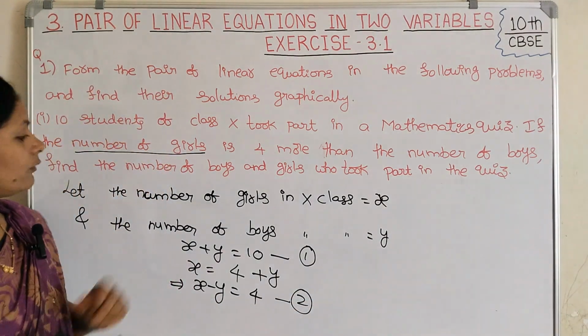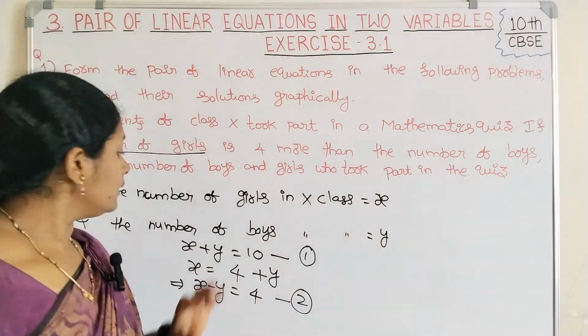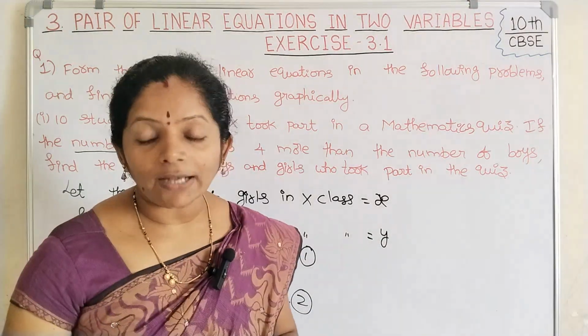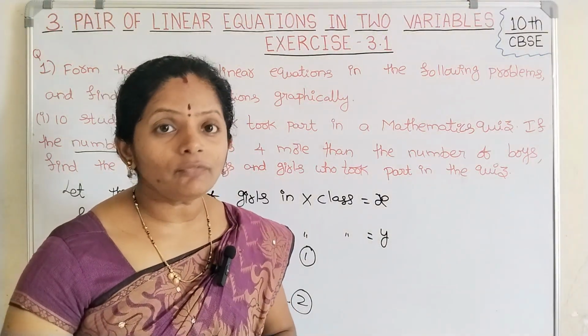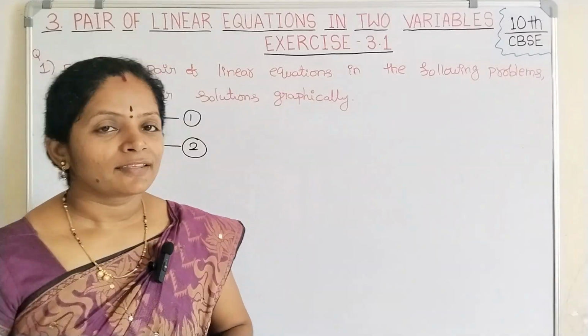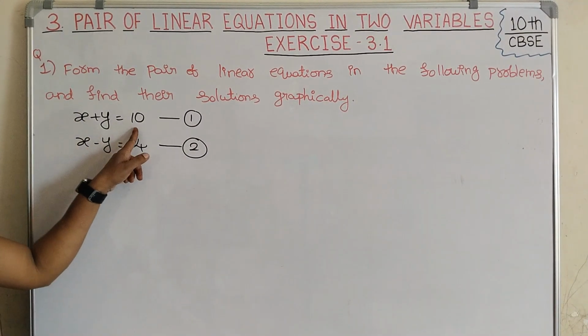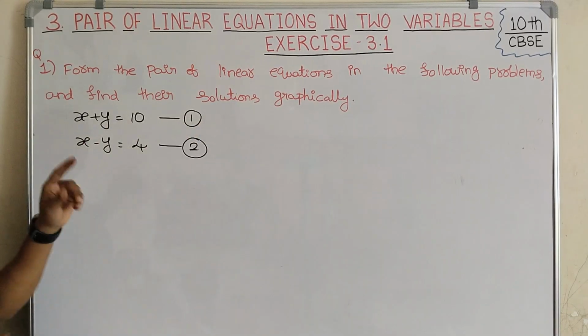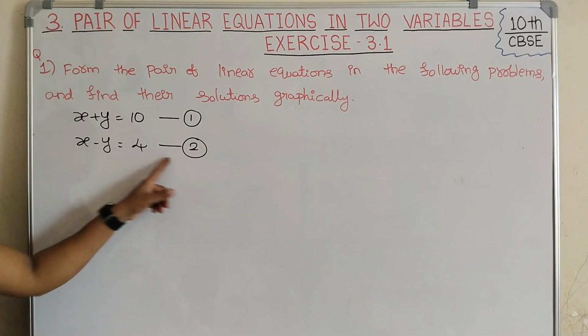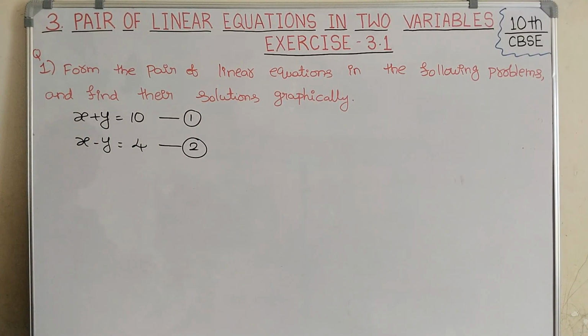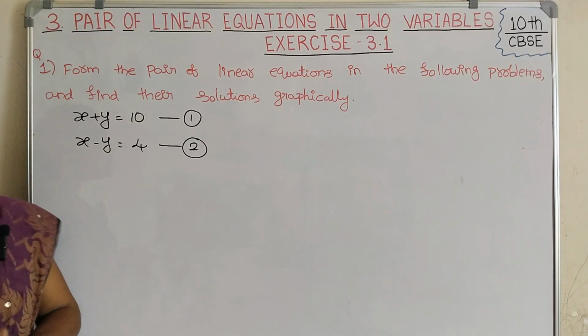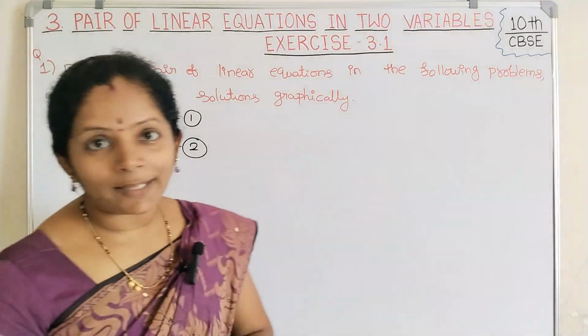Here, we are going to form a table, and after that we will get the solution. Our equations are x plus y is equal to 10, equation number 1, and x minus y is equal to 4, equation number 2. For both of these equations, we are going to form the table.